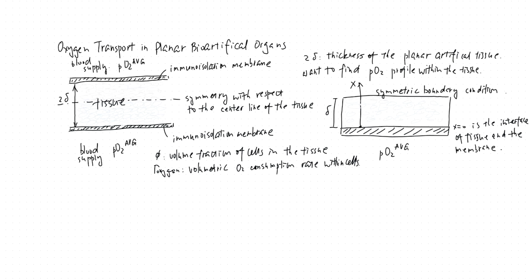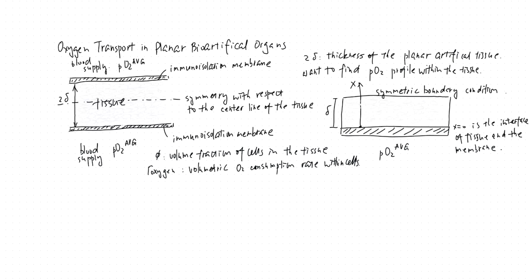Okay, now we can start to solve this problem. First of all, if you want to find the profile of oxygen concentration, you need a governing equation for it. If we want to solve for PO2, then we need a governing equation for PO2.